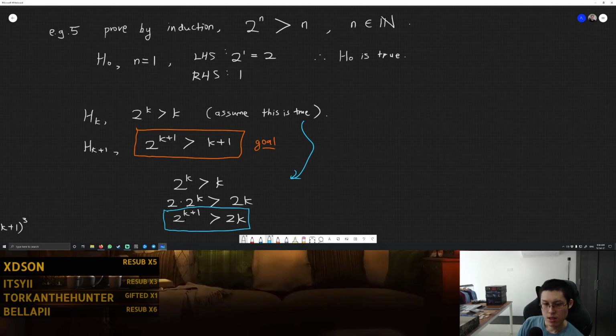Huh. So we know that this thing is true, and this is our objective, right? So if we look at this guy on the right here, 2k versus k plus 1. So if k is greater than 1, then 2k must be greater than k plus 1. Wouldn't you agree?